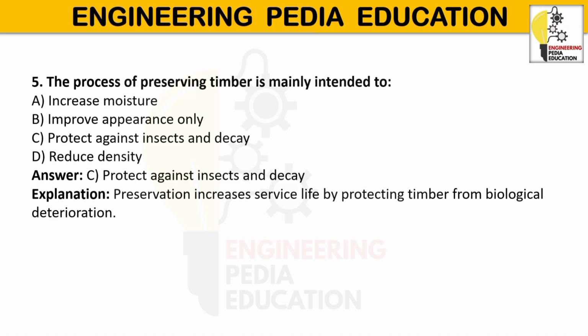Timber preservation is protecting timber from fungi, termites and decay. So it's mainly intended to protect against insect and decay. And it is necessary to increase durability, prevent damage and extend service life. And two common preservatives are creosote oil and borate based preservative.